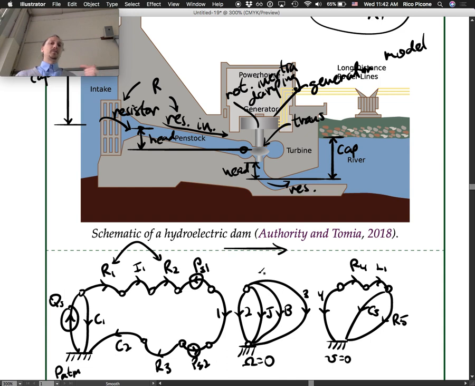And then you've got 2 interactions. You're interacting with the fluid system through the turbine, so that's what the 1-2 interaction is describing. And then you're interacting with the electronic system through the windings, so the 3-4 is the interaction with the windings. Yeah, so it's pretty cool.